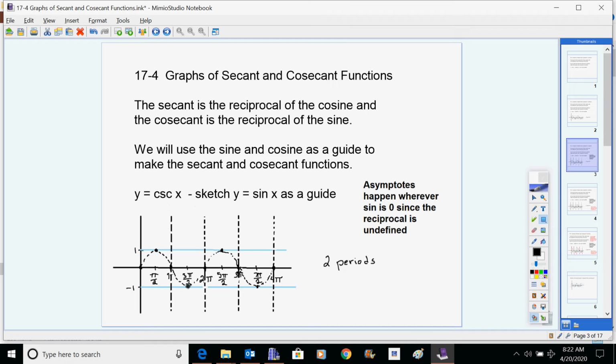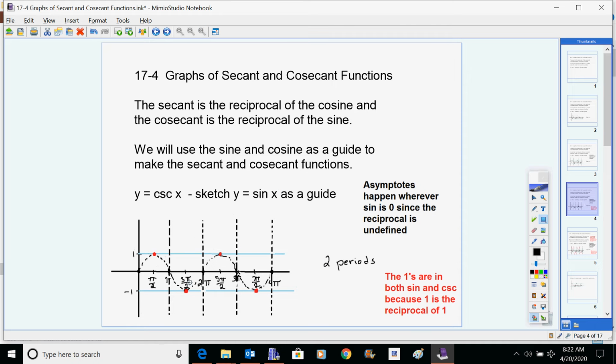This value is in common because the reciprocal of negative 1 is just negative 1. The reciprocal of 1 is 1. The reciprocal of negative 1 is negative 1. So we have these points that are our first points that we can actually graph. The asymptotes are just guiding lines, though.